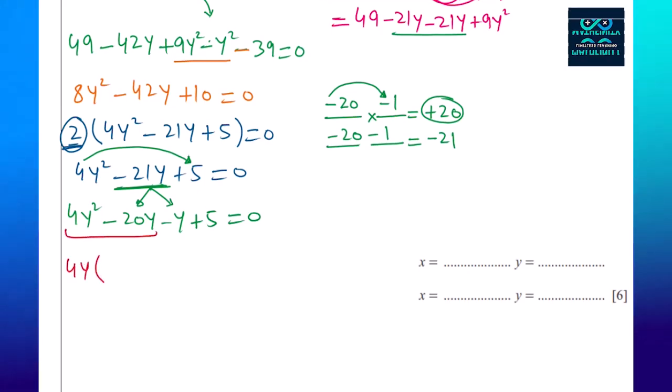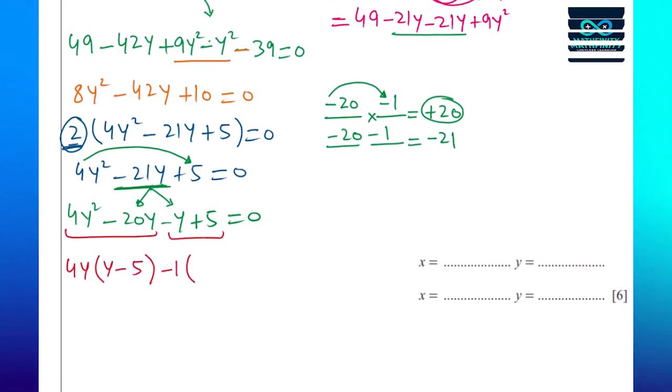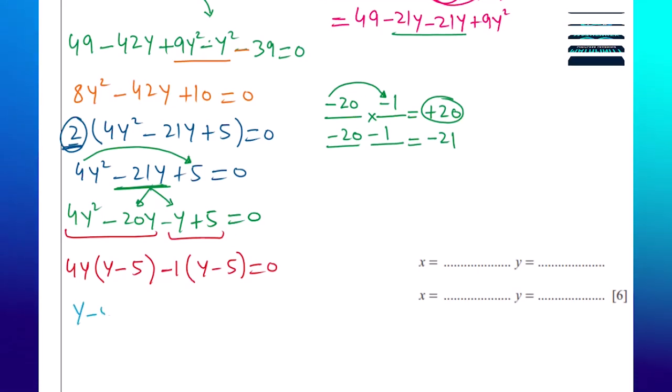What we have to write inside the bracket? y minus 5. What is common from here? Minus 1 is common. y minus 5 equal to 0. Brackets are same. Yes, brackets are same. We will write one time y minus 5 and 4y minus 1 equal to 0.